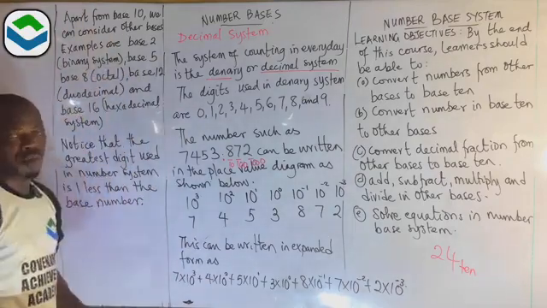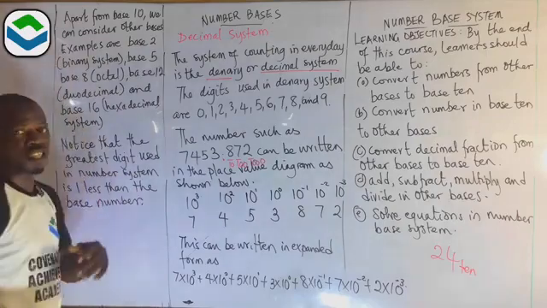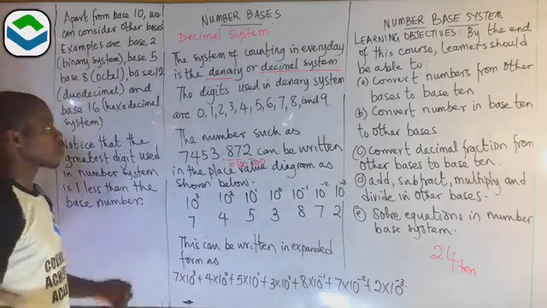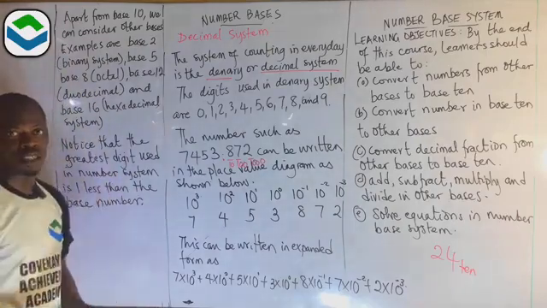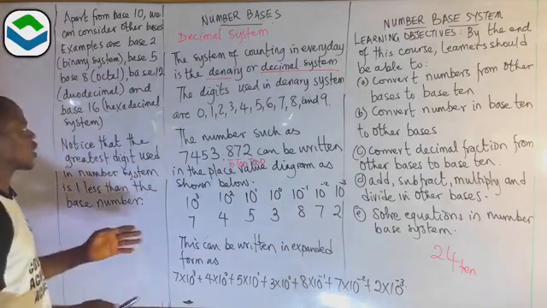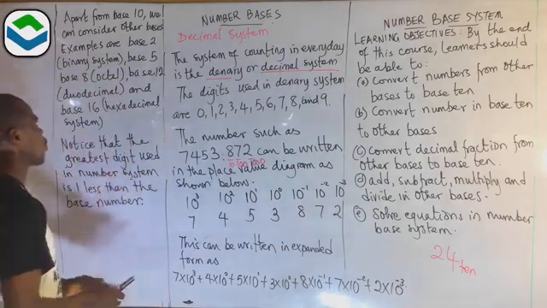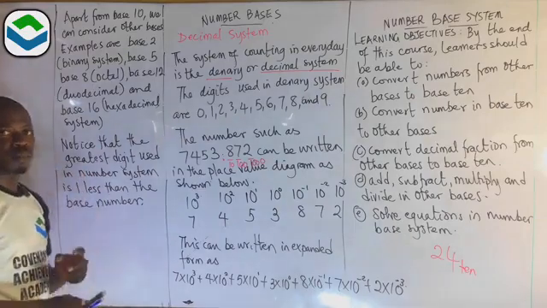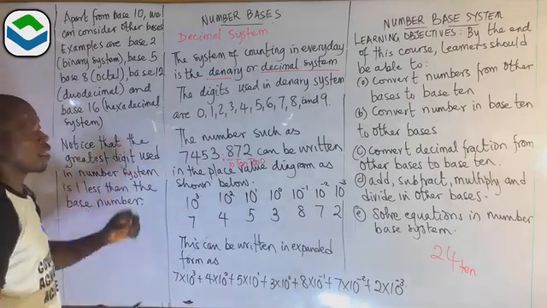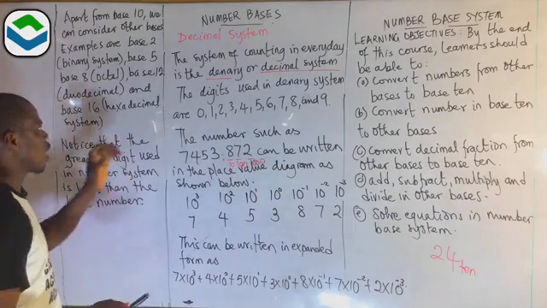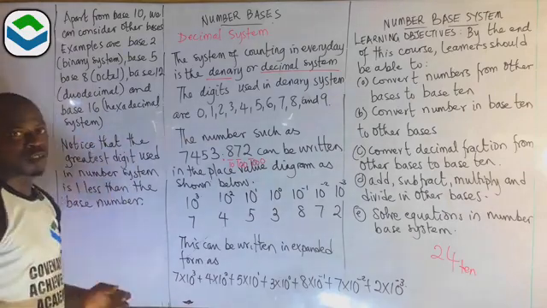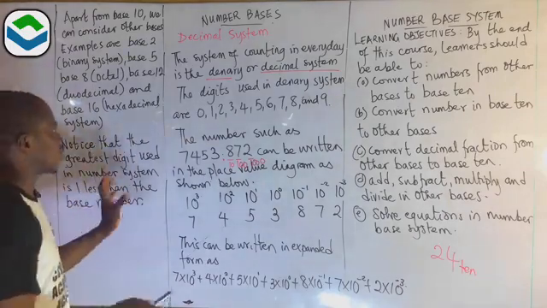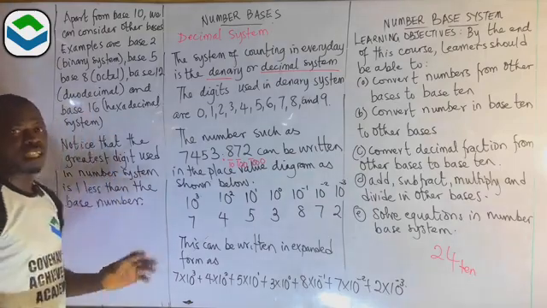We have the base 5 number. We have base 8, which is also called octal. Then we have base 12, which is called duodecimal, and we have the base 16 number, which is hexadecimal. Those are the special bases that we have.